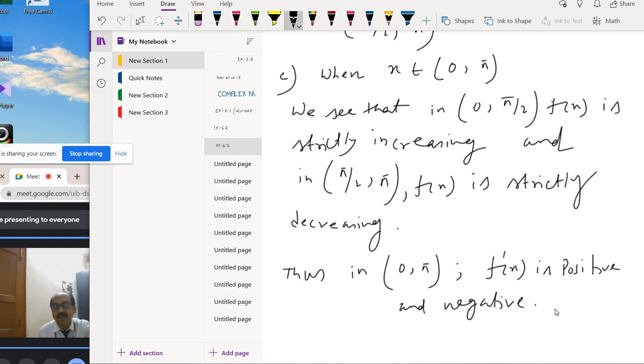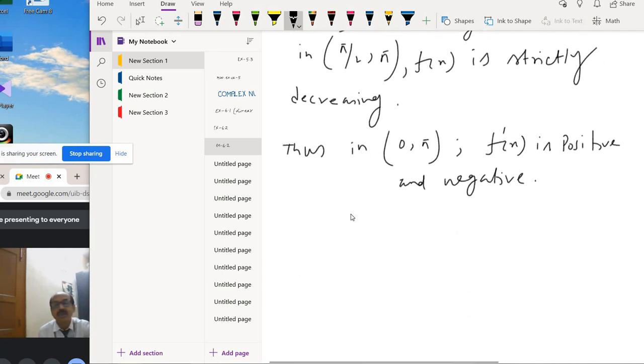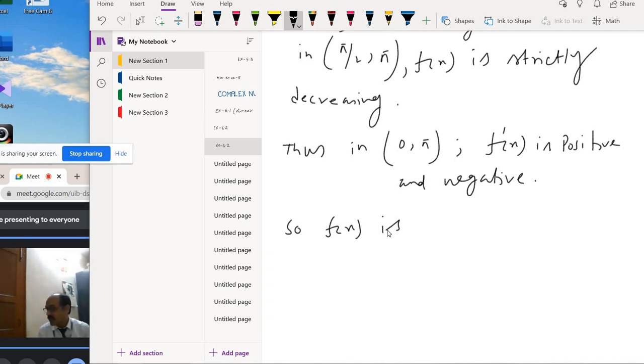So we cannot say it is strictly increasing or strictly decreasing. So f(x), as per the question, is neither increasing nor decreasing in the interval 0 comma pi.